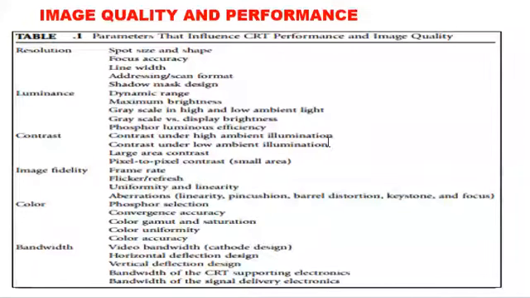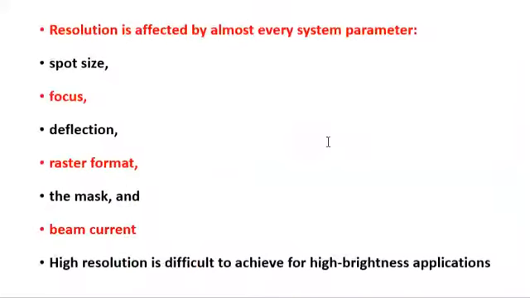For instance, if you take the resolution, the spot size and shape, the focus accuracy, the line width, the addressing technique used, all of them influence the resolution. The same thing for luminance, contrast, and bandwidth. You can read these and study them one after the other.